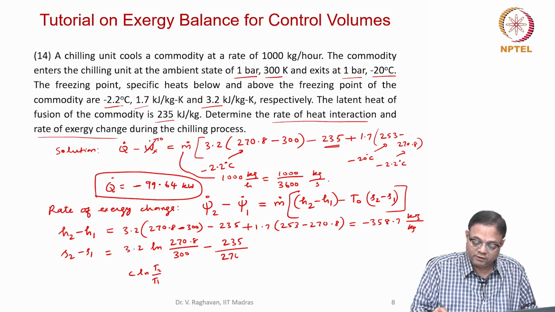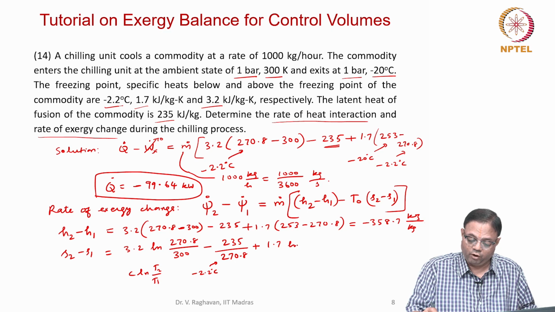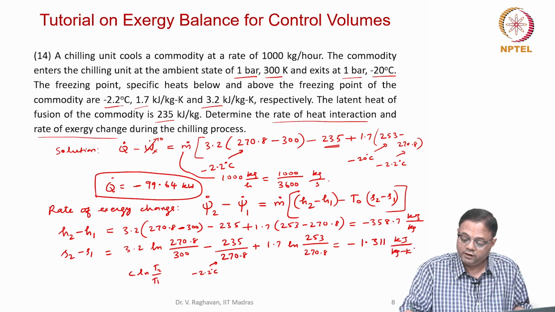Now, the temperature at this point is minus 2.2 degrees centigrade, plus 1.7 into ln of 253 divided by 270.8. So, this will be equal to minus 1.311 kilojoule per kg Kelvin.